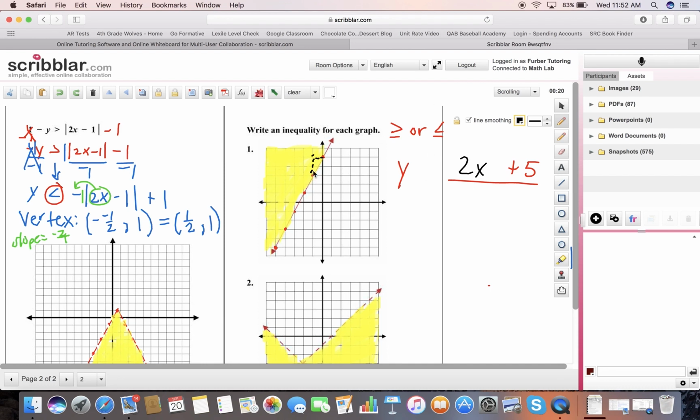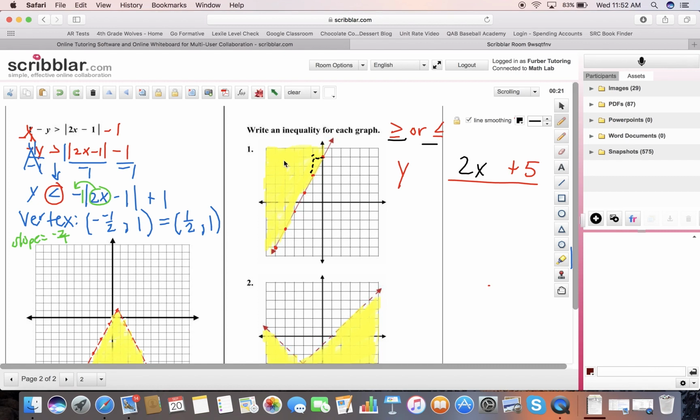Now I have to look at this shading to determine which of these it is. I know it's a solid line, so I know it's one of these and not this or this. So let's look at the shading. Is the shading above the line or below the line? It's kind of hard to judge when the line's pretty steep, but you can probably tell that if I were to straighten this out and maybe curve it down a little bit, above would be over here.